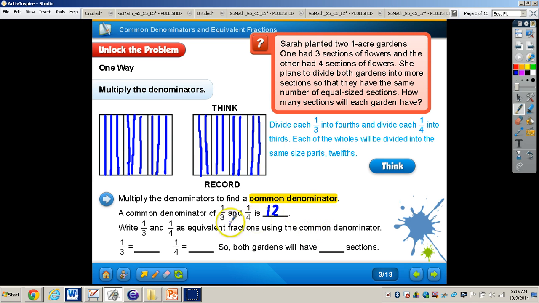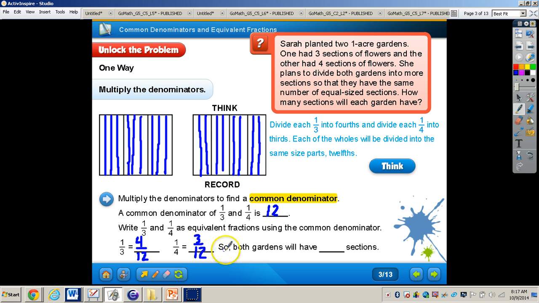Okay, since we multiplied that denominator by 4, what we do to the denominator, we have to do to the numerator. So we multiplied that 3 by 4, so we have to multiply that numerator by 4 as well, giving us 4/12. Multiply that denominator by 3, you have to multiply that numerator by 3 as well, giving us 3/12.